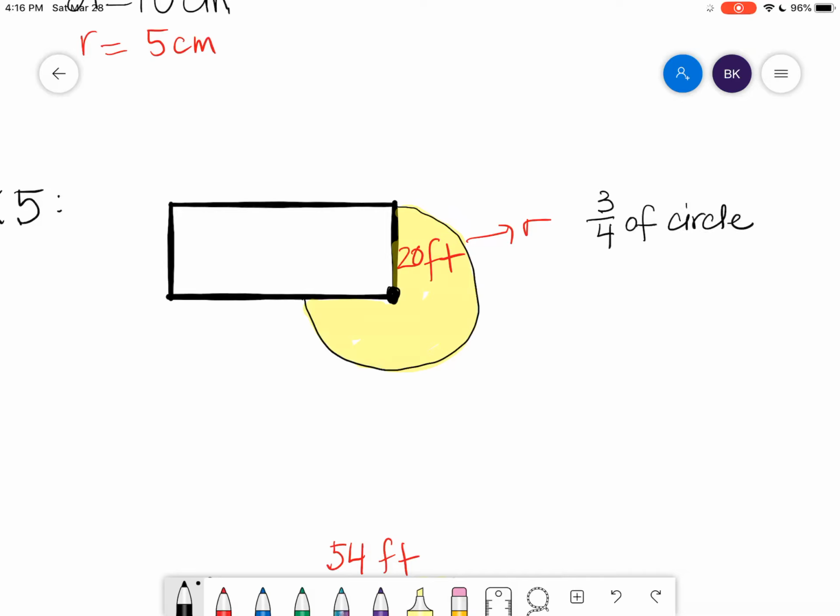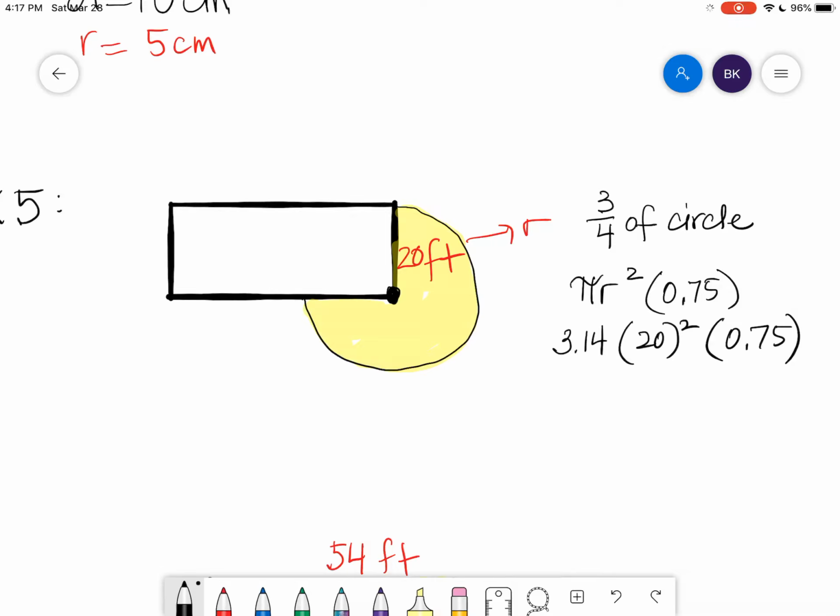So we're going to take the formula, pi r squared, and multiply it by 3/4, or we can convert it to a decimal, 0.75, and then just plug the numbers in. 3.14 times a radius, which is 20 squared, and then times 0.75, and once you use your calculator, the answer will be 942 square feet.